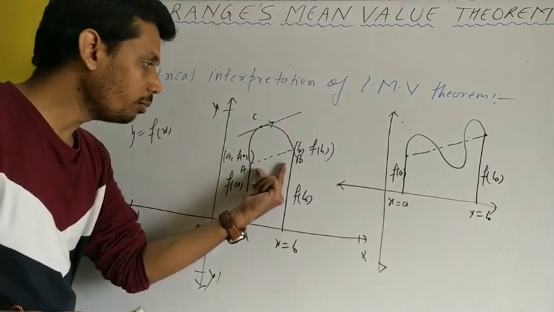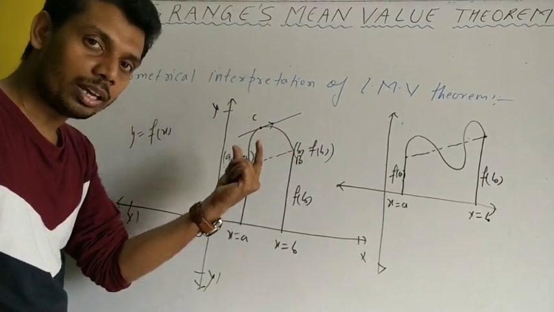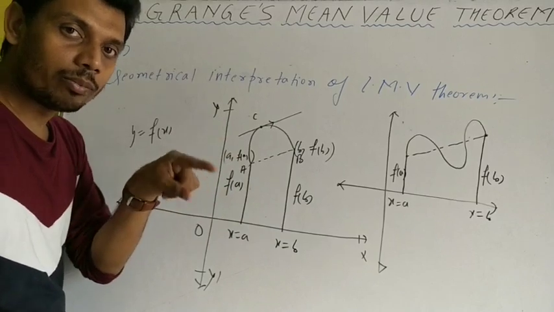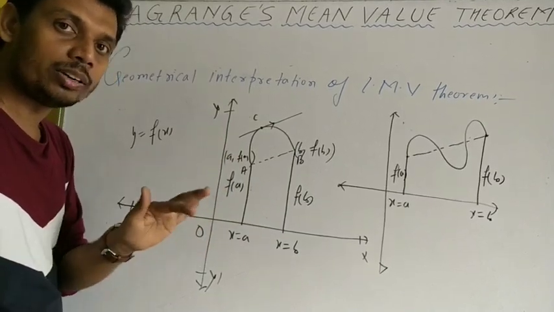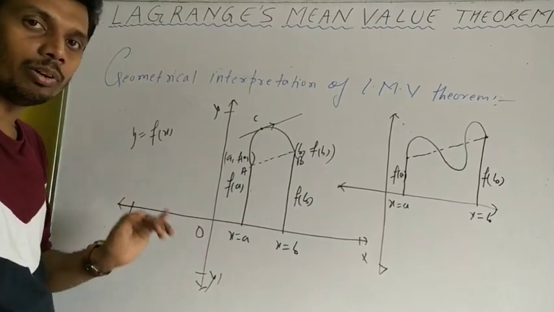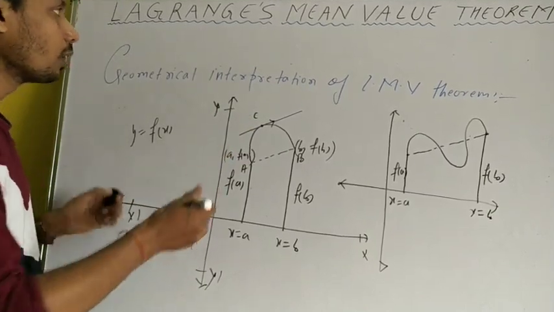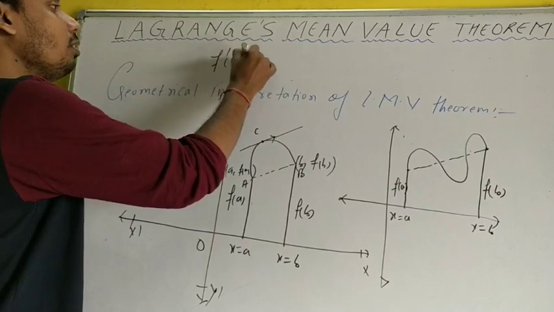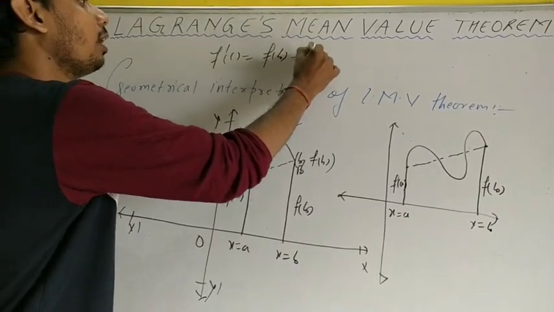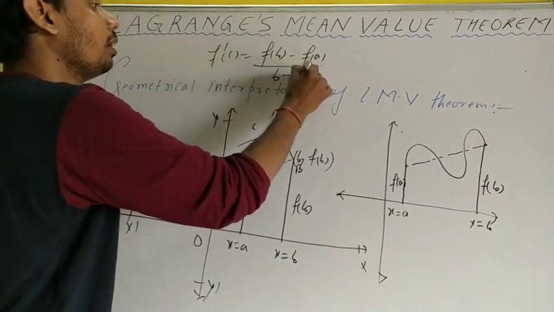So slope of AB is fb minus fa by b minus a, and f dash c is the slope of the tangent to the curve y is equal to fx at the point c. So here f dash c is equal to fb minus fa upon b minus a.